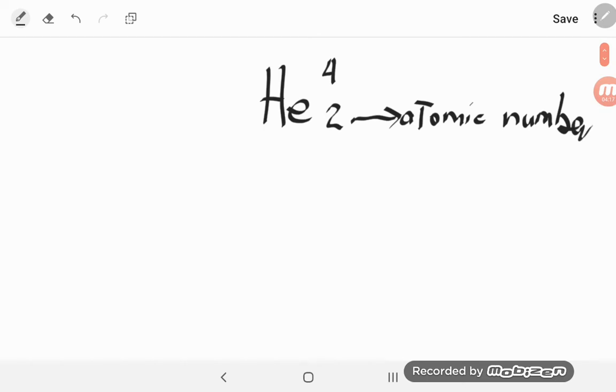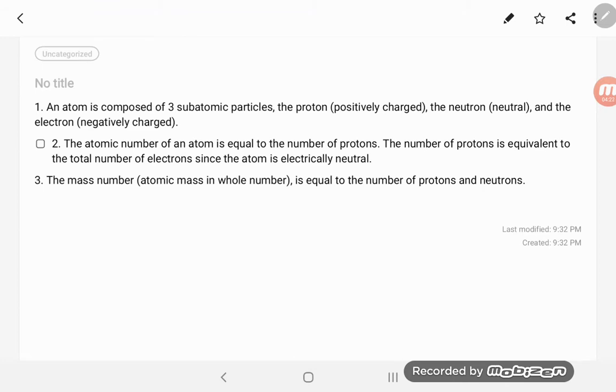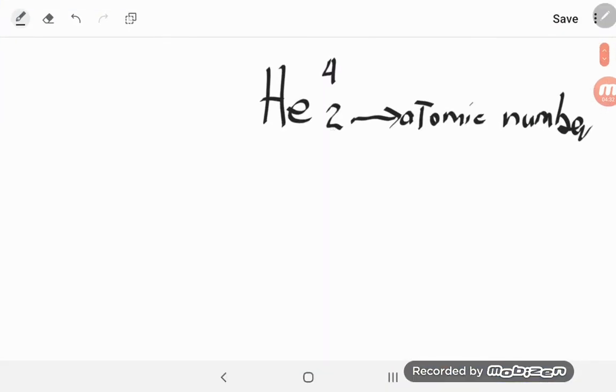Let's go back to the concept I told you a while ago. Let's focus on number 2. The atomic number of an atom is equal to the number of protons. Let's go back to our board. Meaning to say, since the atomic number is 2, our number of protons is also 2.